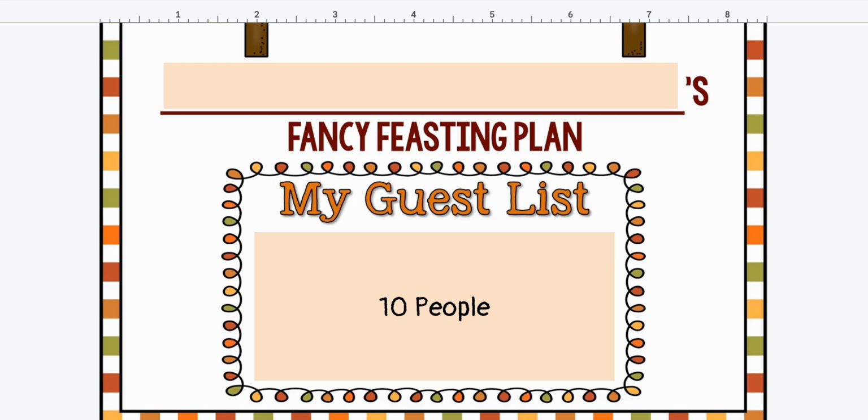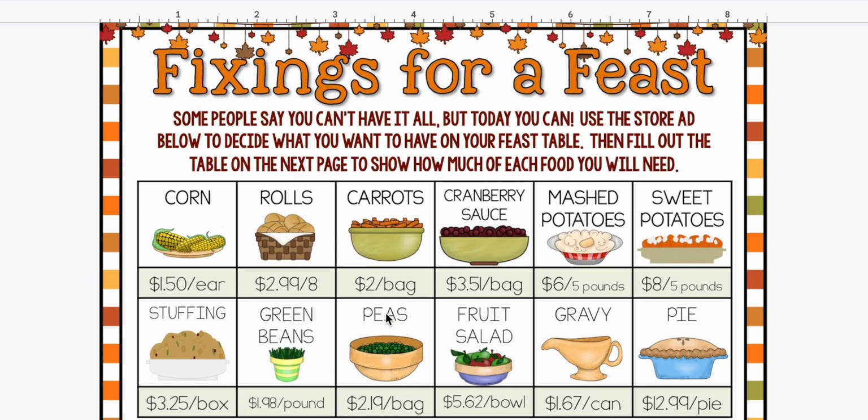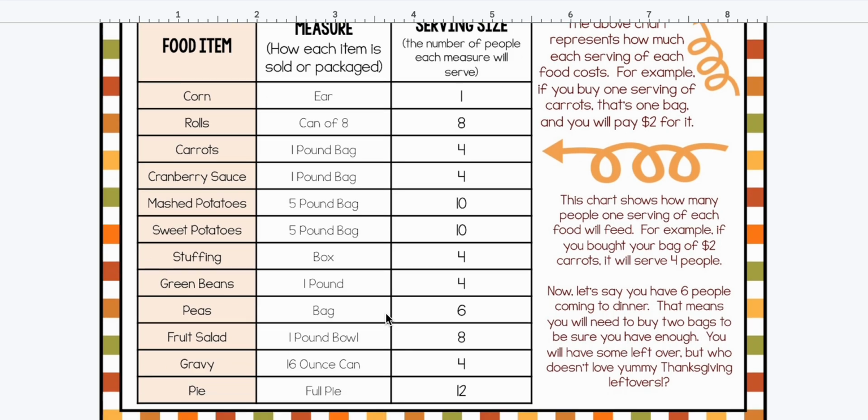The first thing that you're going to do is see the list of food options for your Thanksgiving feast. You are going to decide what you want to have on your table, and you need to fill out the chart on the next page to show how much you will need of each thing. There are directions all around the pages in case you get a little stuck.